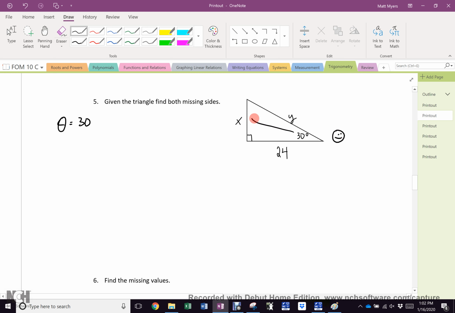What does that make that? O equals X, and once I have that written, I know that tan theta equals O over A. Now put in your numbers. Tan of what? 30 equals what?